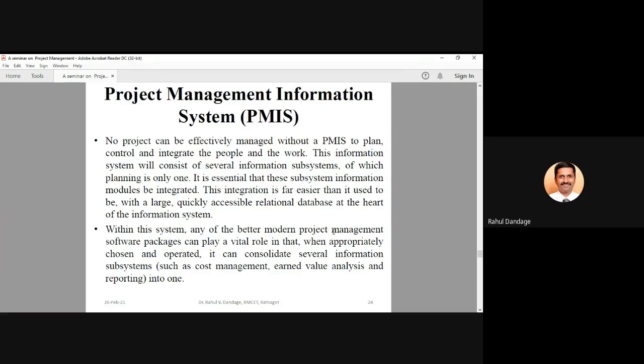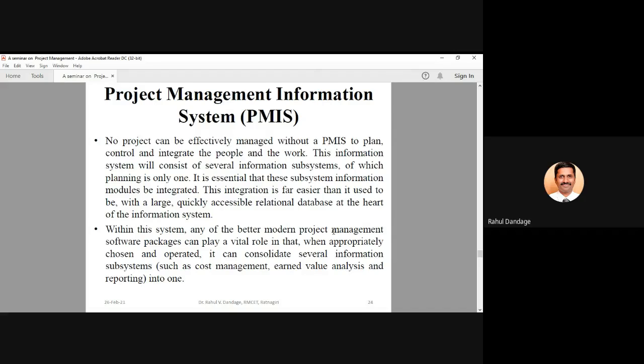So, the people who are from the computer domain will be more interested in understanding this project management information system, because they may be working in some organization which is developing software for project management, or they may be working in some organization where their role will be to monitor the project management information system and to maintain that flow of information in that particular organization.